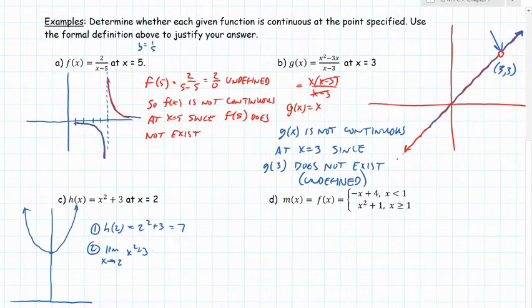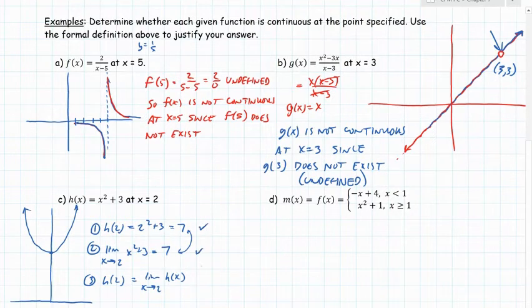As x gets close to 2, this graph gets close to 2 squared plus 3, which is 7. So this limit is equal to 7. And now we see that these two are the same, so that satisfies step 3. h of 2 is equal to the limit as x approaches 2 of h of x.